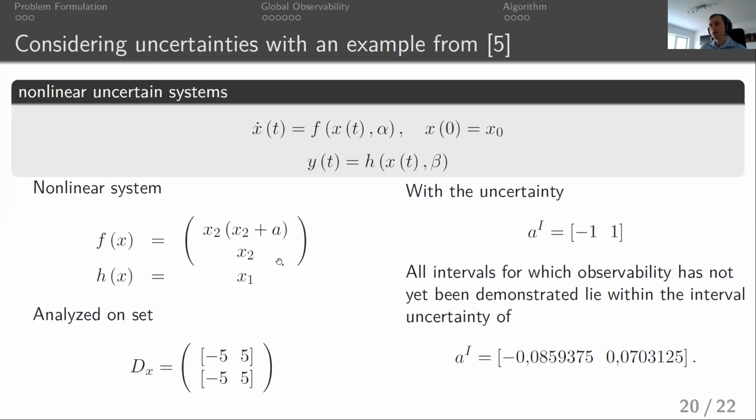With that, we get the result that all intervals for which observability has not yet been demonstrated lie within the interval uncertainty of this one. So that basically means that this nonlinear system is observable if the uncertainty is not near 0. Only for coefficients near 0, observability is not proven. The algorithm is also capable of dealing with these uncertainties.